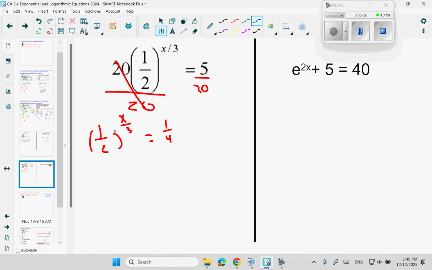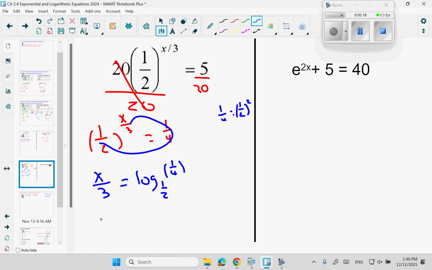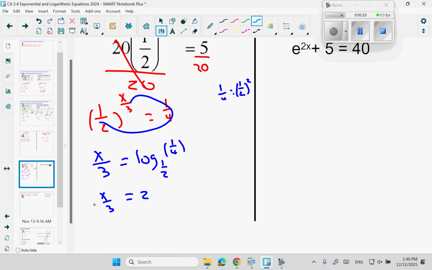And from here, you could spiral it or recognize that 1/4 is the same thing as 1/2 quantity squared and replace it, but either would get you the same spot. We get x over 3 equals 2, just by typing that in, times 3, we get x equals 6.